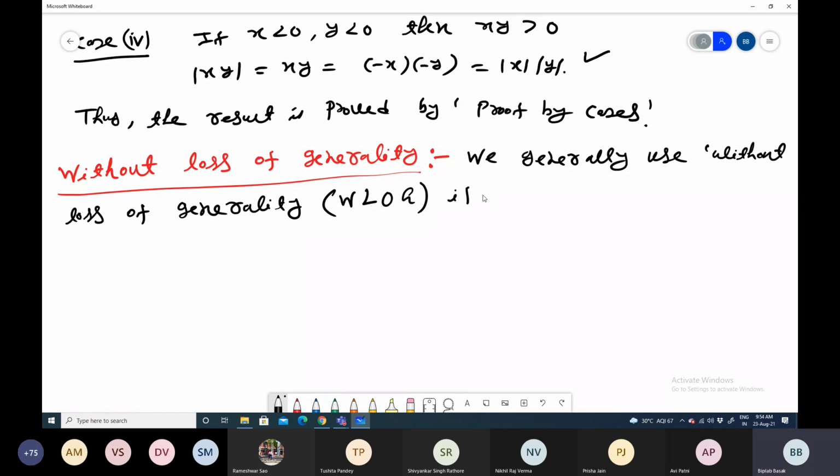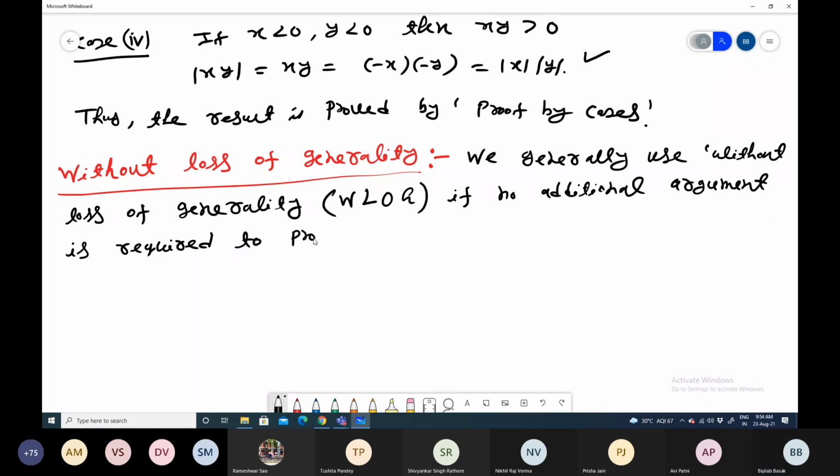Okay. So if no additional argument is required to prove a specific case, you can say that specified case. Again, what is an example for that?